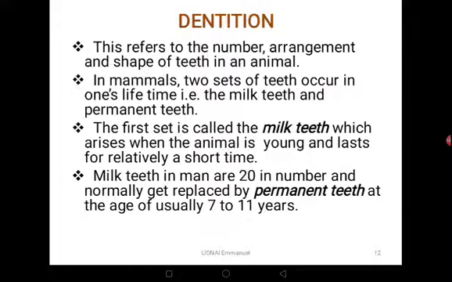The first set, of course, is called the milk teeth, and this one usually lasts up to about 7 years to 11 years. That's when we expect to have milk teeth. Then beyond that, you would expect to have the permanent teeth. The milk teeth are about 20 in number, and they are replaced by the permanent teeth. Then you will have a total of 32 teeth. An adult man has 32 teeth.